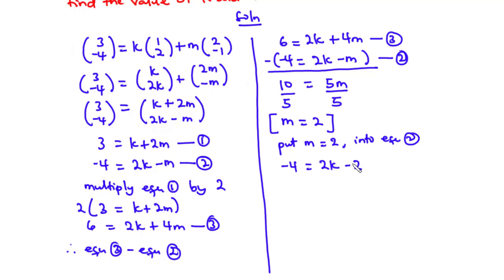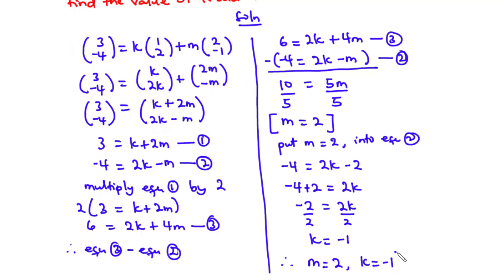We transpose negative 2 to the left hand side. We have negative 4 plus 2 equals 2k. This becomes negative 2 equals 2k. We divide through by 2. We have k to be equal to negative 1. Therefore, m is equal to 2. K is equal to negative 1.